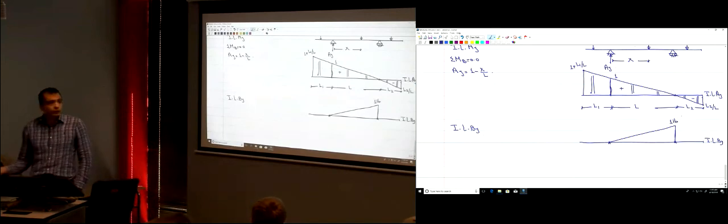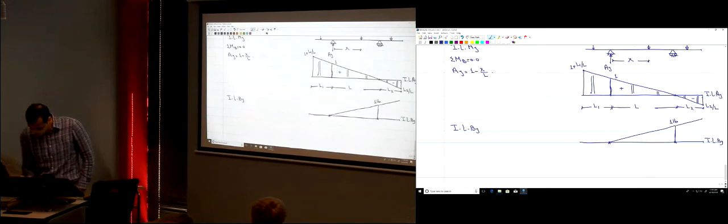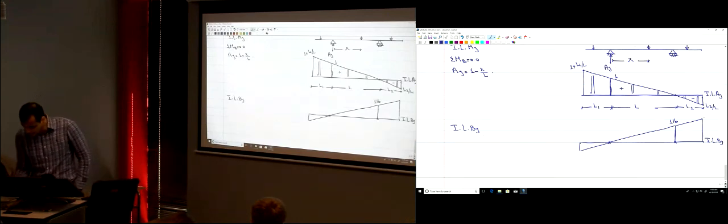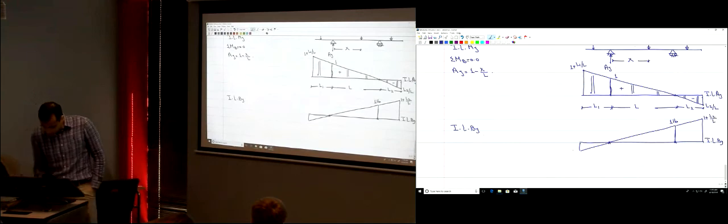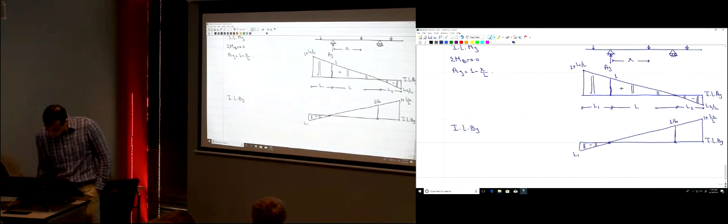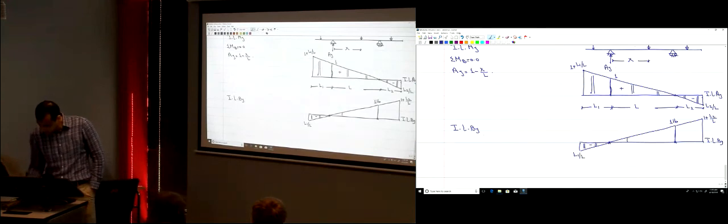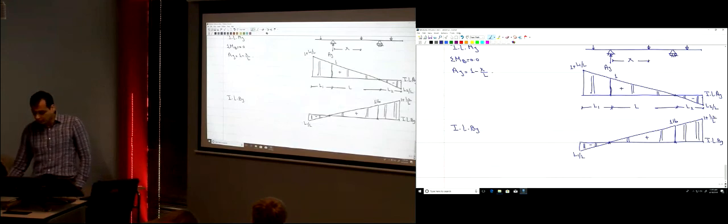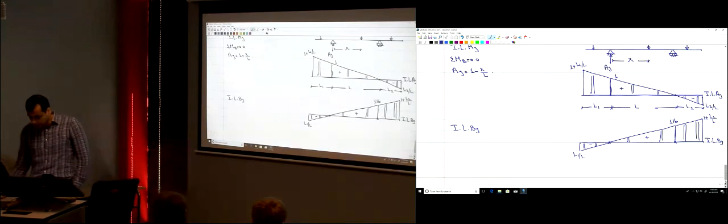So what would I do with those overhanging parts? Just extend your line over those overhanging parts. That means that this is going to be 1 plus L2 divided by L. And this part here is going to be negative, so it's L1 divided by L. And this is positive over here. That's it. Let's move to the influence line for the shear.